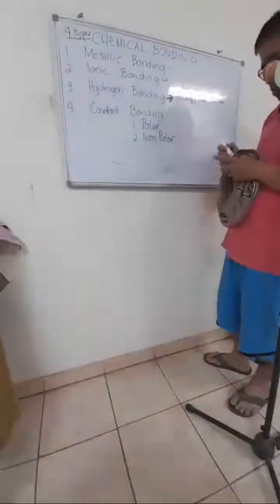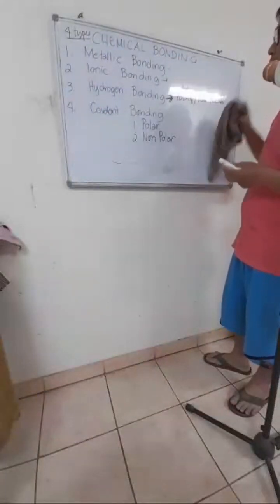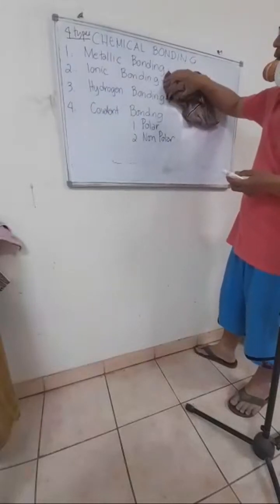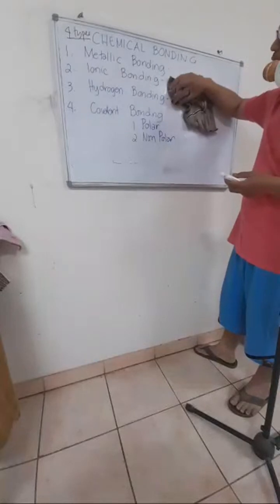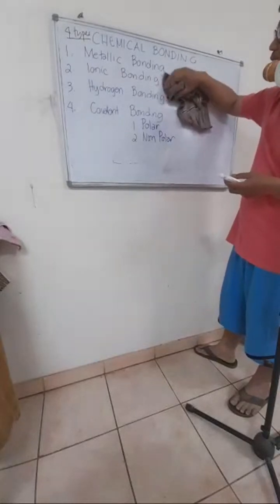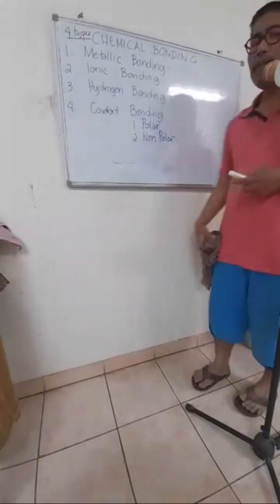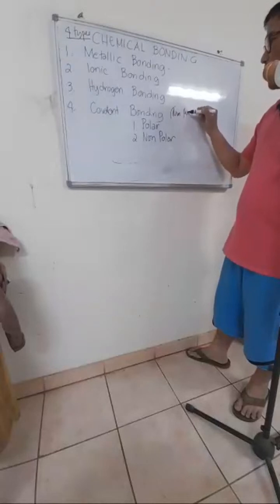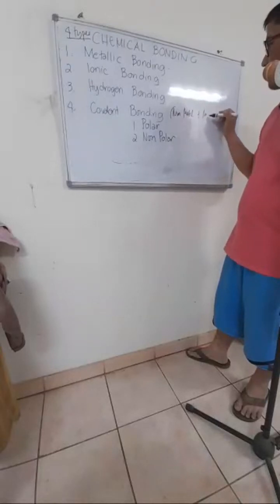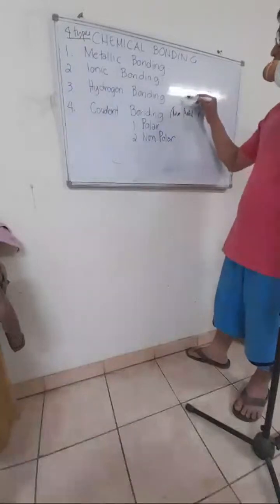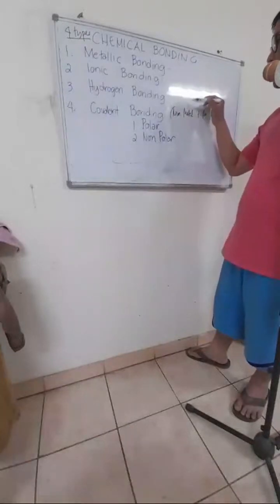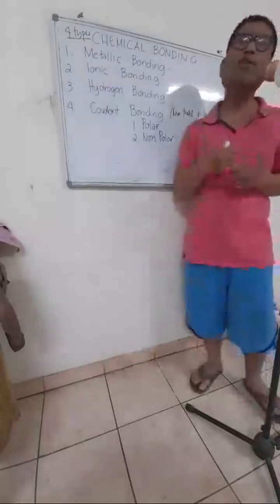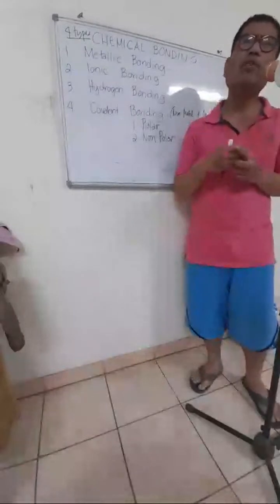Number 3, we have the covalent bonding. I love the covalent bonding. Covalent bonds are non-metal plus non-metal. For example, hydrogen, oxygen, chlorine, carbon, sulfur, phosphorus, nitrogen.